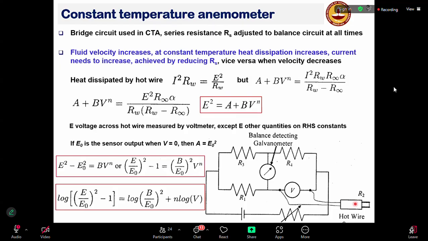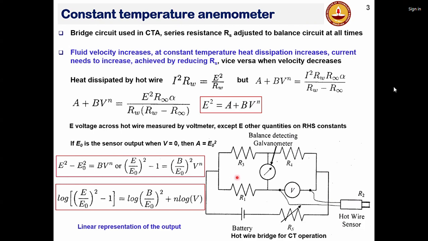In a constant temperature anemometer, this is the Wheatstone bridge circuit that I was talking about. You have R1, R3, and R4, which are standard resistors. And this branch here is formed by the hot-wire sensor, and this is R2.